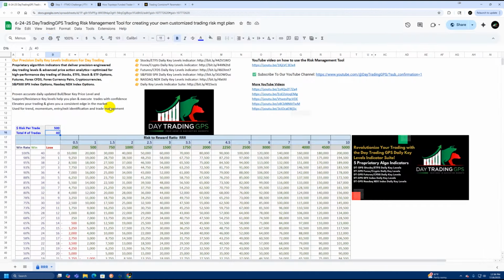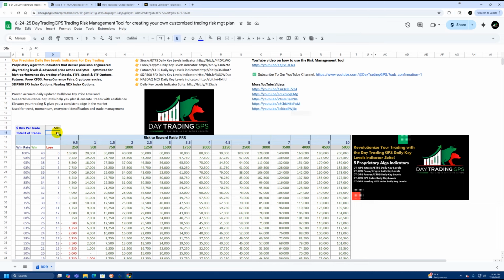So you would go here and you want these to add up to $3,000. So let's say that we were going to take 20 trades over the period. Let's say, as an example, we were going to be trading 5 days.